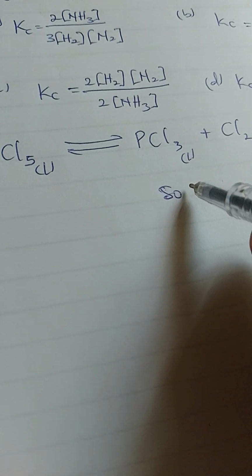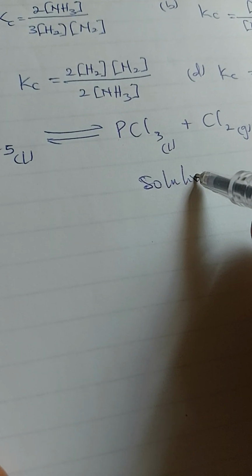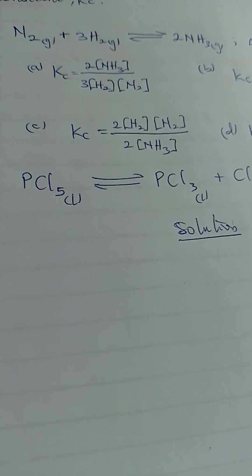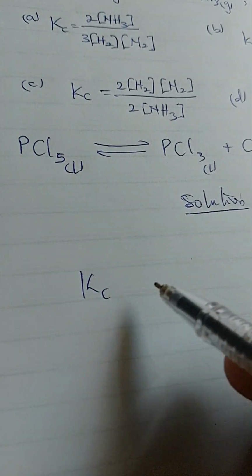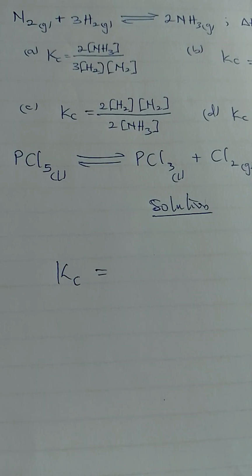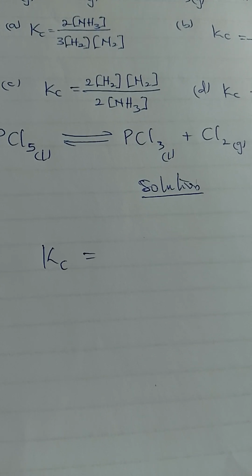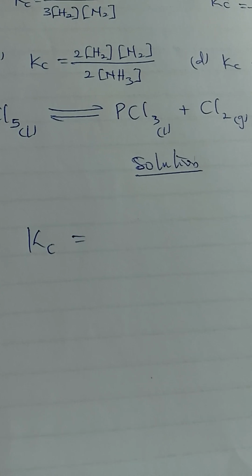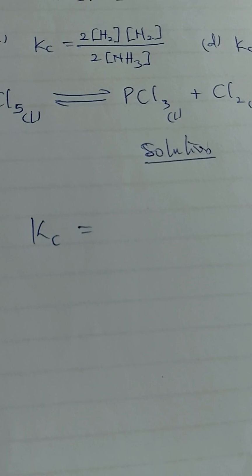When you are writing the equilibrium constant, of course the symbol is Kc. You will recall in your classroom you were taught that the concentration of the products raised to the power of the stoichiometric value, divided by the concentration of the reactants raised to the power of their stoichiometric value.